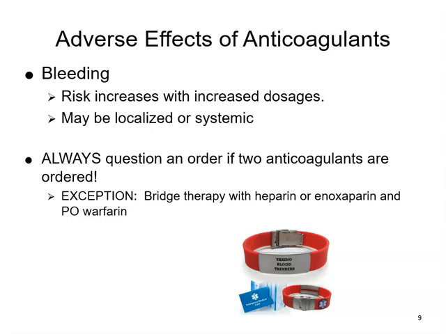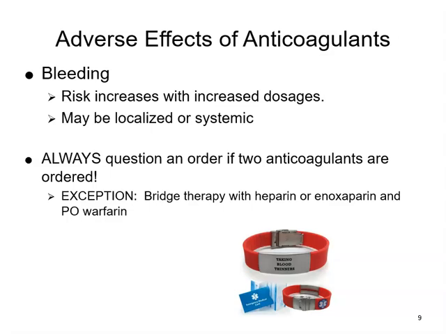So bridge therapy is an overlap of therapy for patients who have been receiving heparin or low molecular weight heparin, so Lovenox, to be switched over to warfarin so that the patient always has protection against clotting, right? This is done on purpose because warfarin takes 3 to 5 days to actually become therapeutic, and the heparin is active as soon as it's given. The Lovenox is active as soon as it's given.